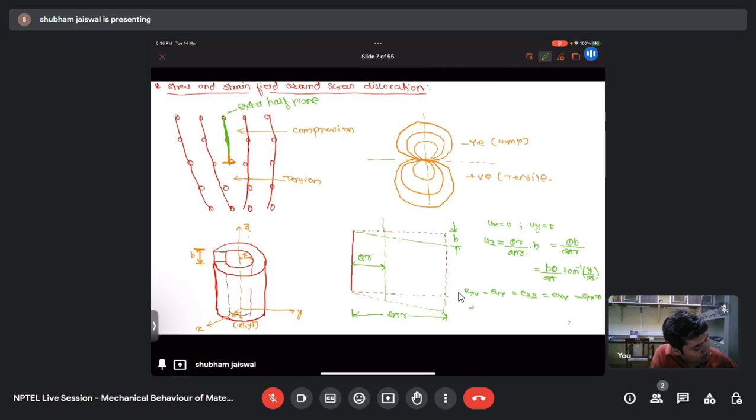So we are only left with exz equal to ezx, which is half of the shear strain. So it is dou uz upon dou x plus dou ux upon dou z. Here, as ux is 0, this whole term becomes 0.